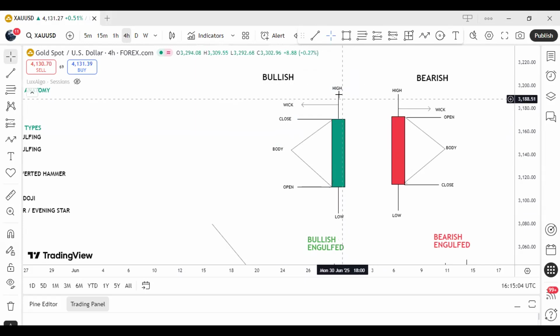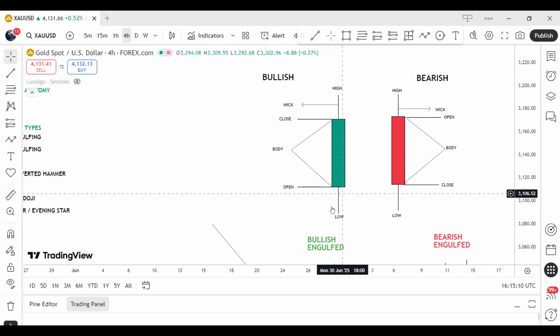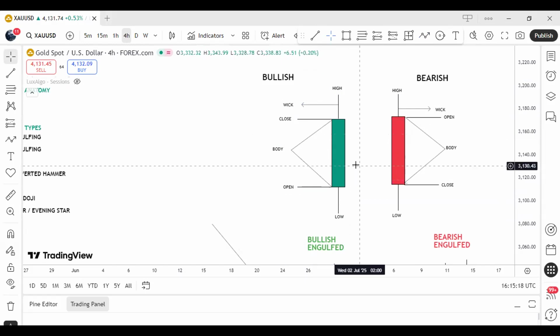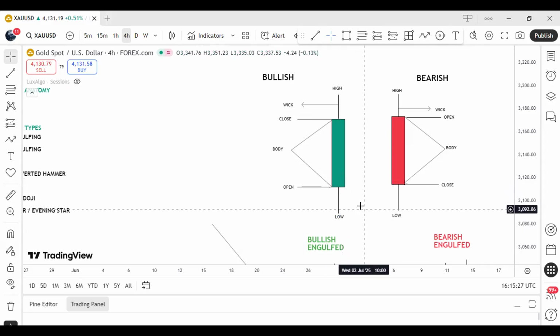Sellers pushed the price and rejected from this high, and the wick at the bottom shows that buyers rejected the price from this point to the upside. So that is what the wicks you are seeing at the top and at the bottom of these candlesticks are. You can call it the wick or the shadow of the candlestick.